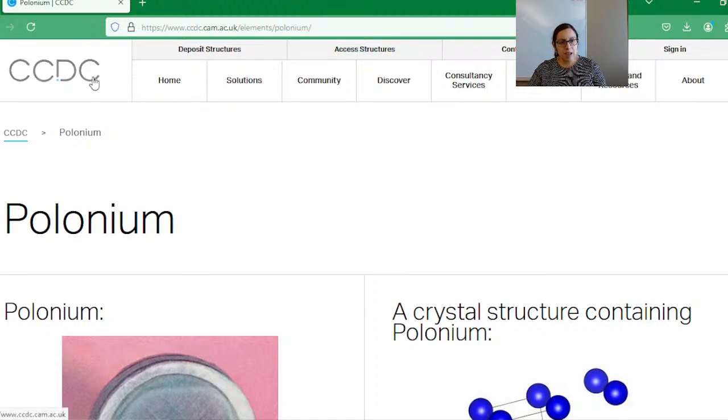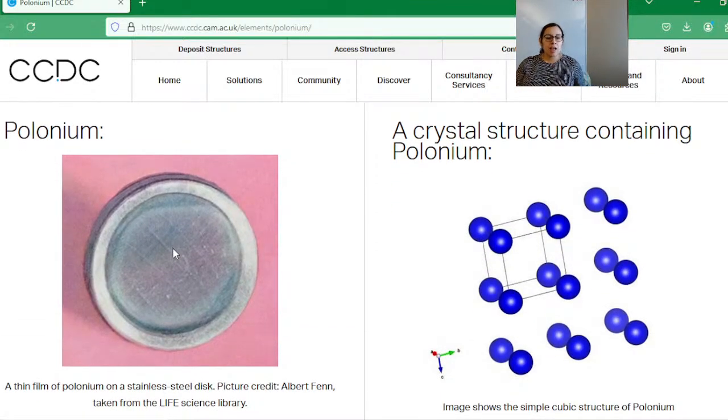Basically, any researcher, any scientist in the whole world that makes a compound and crystallizes it, now you have your coordinate system, then you submit it to the structural database. So everybody does that.